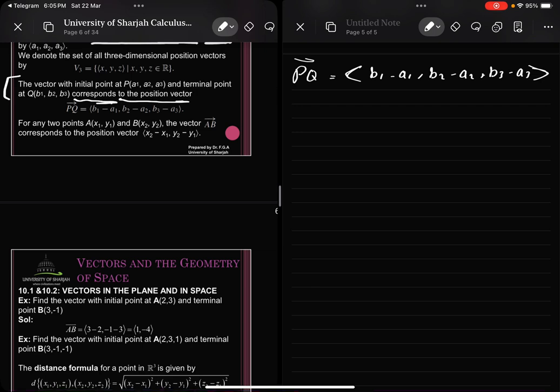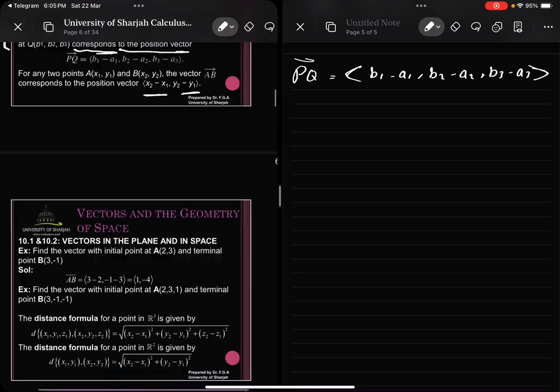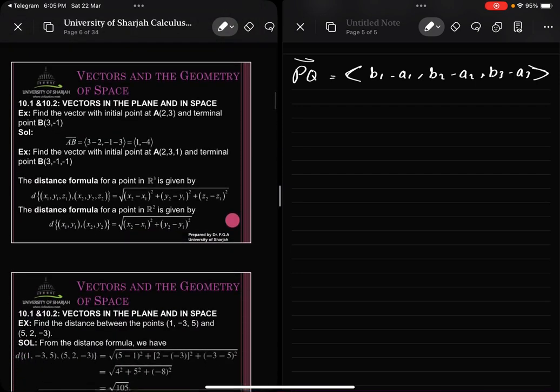Also for any two points A(x1, y1) and B(x2, y2), the vector AB corresponds to the position vector x2 minus x1, y2 minus y1. So for example, if we have A(2, 3) and B(3, negative 1), we have AB.